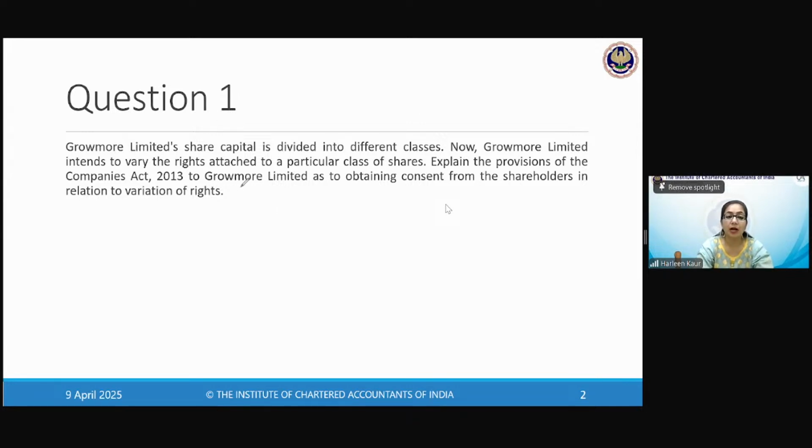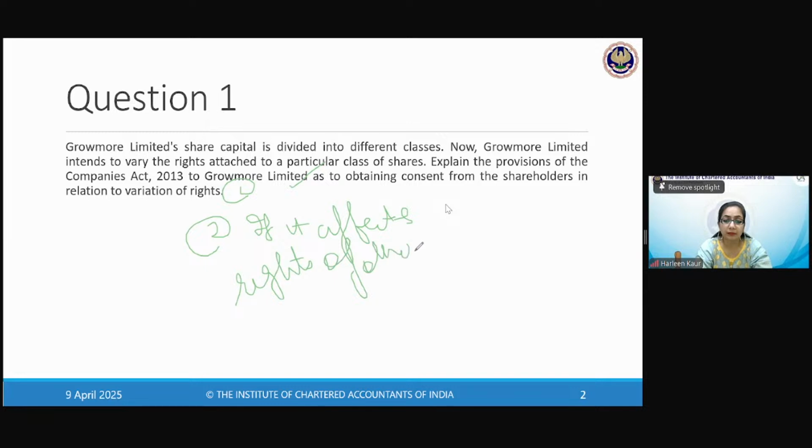This is the first part. What kind of consent do you need from the shareholders in variation of rights? And the second question is, if it affects the rights of other class of shareholders, will your answer be different?